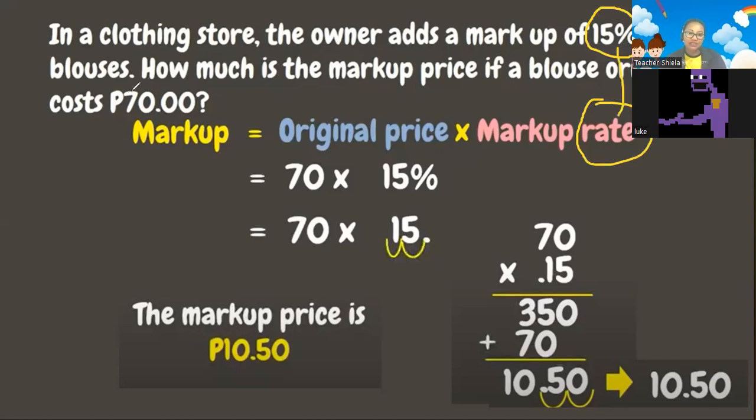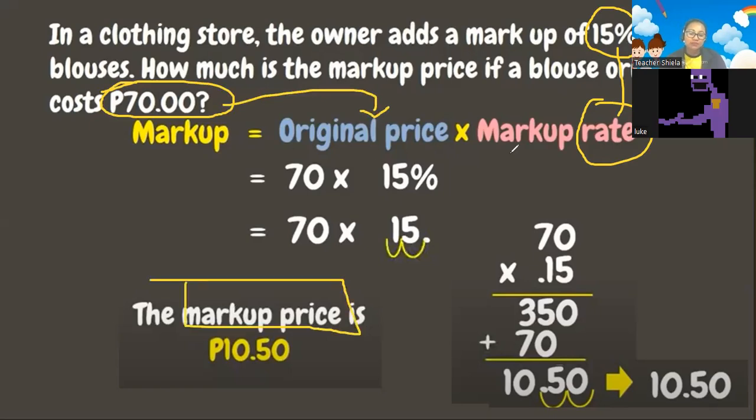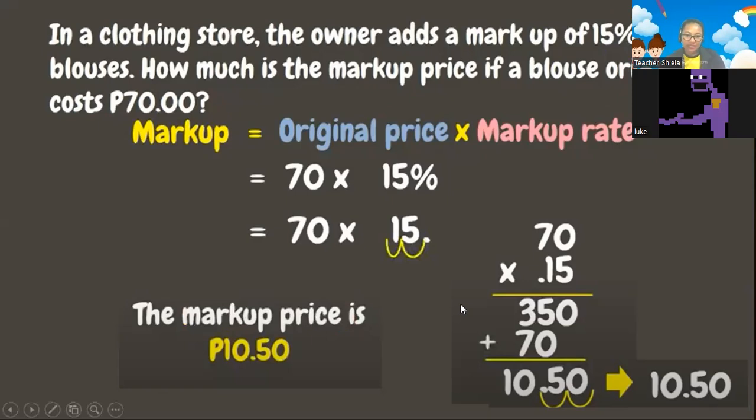And then remember the original price. Then this is how you can get the markup price: original price times the markup rate. I hope everything is clear here.